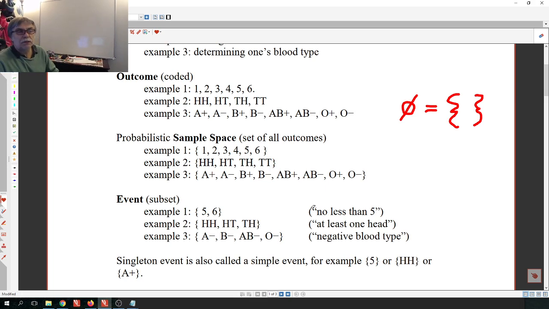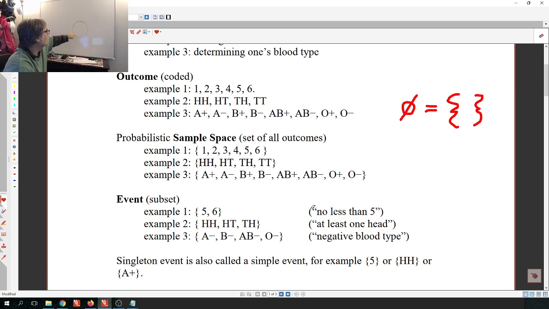You can maybe entertain yourself. What's an event if I'm tossing the marker into this board? I guess anything that is made out of some points from that board. So for example, I would have this circle to be an event, if somehow the point that I'm hitting on the board is within the circle, inside.